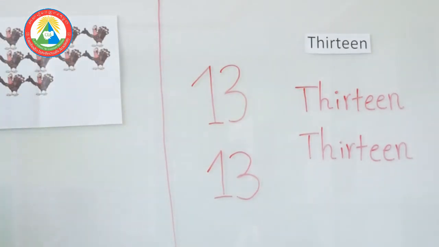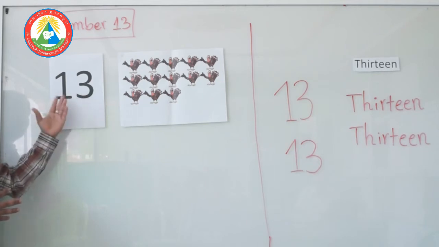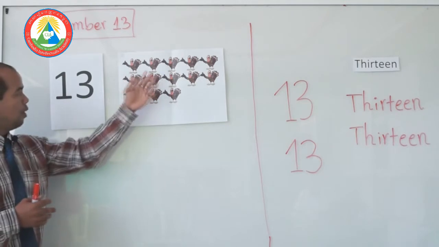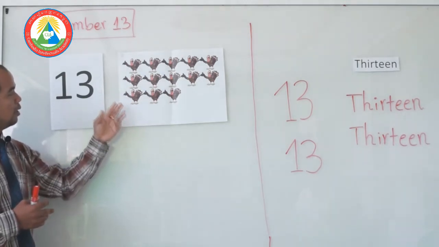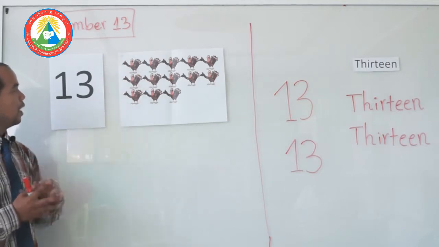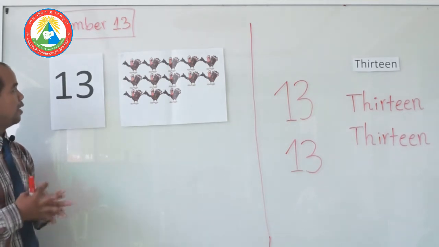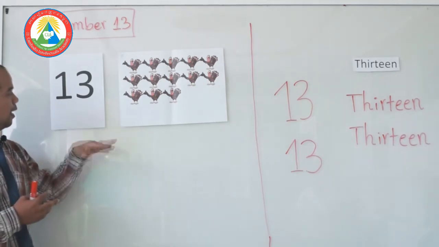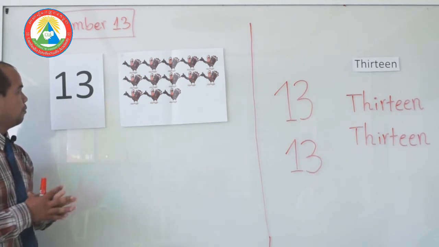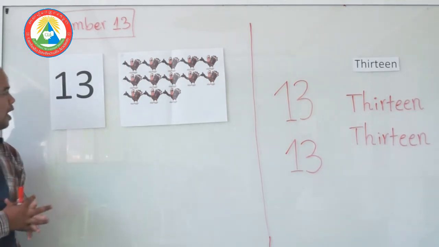Very good. So now about number 13, you know about the shape or the size of number 13, and you know about the quantity of 13. I brought a beautiful animal, a nice animal that is mostly raised in other countries.